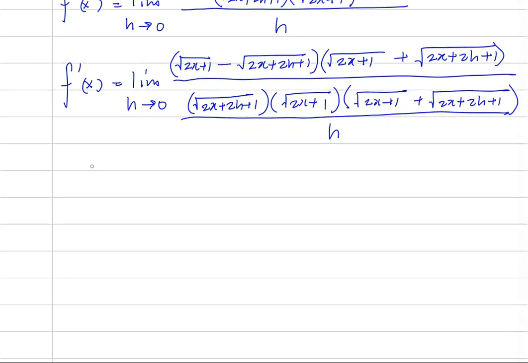So this is going to be equal to the limit as h approaches 0. And at the top, we're going to have what? 2x plus 1 minus 2x plus 2h plus 1.